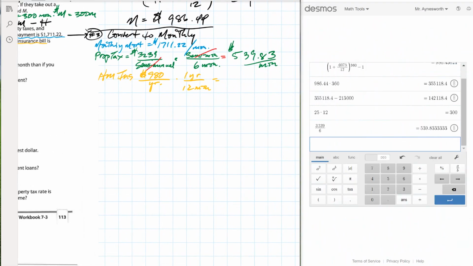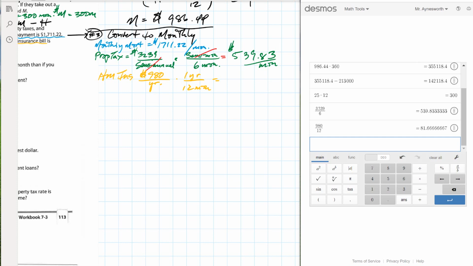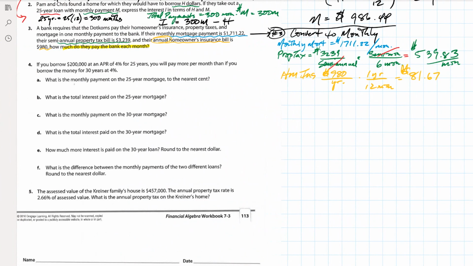So you simply take 980 divided by 12, and you get 81.67.